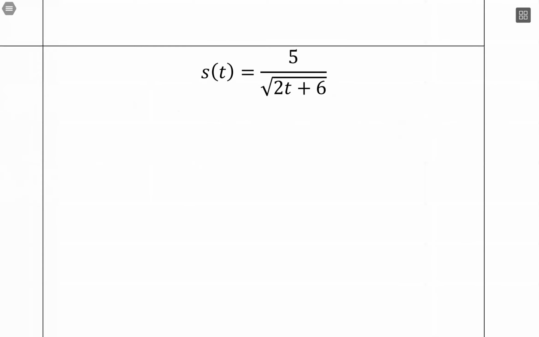Alright, this one has a teeny tiny little twist to it. So I see my radical there in that 2t plus 6. And typically I would just grab that and say 2t plus 6 has to be more than or equal to 0. However, I have one little extra piece here, which is that that denominator cannot equal 0.